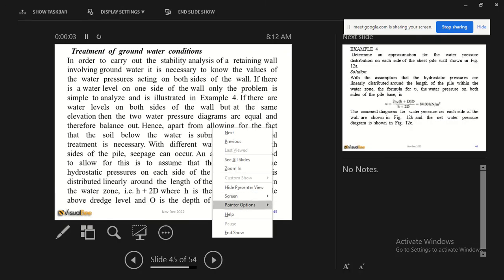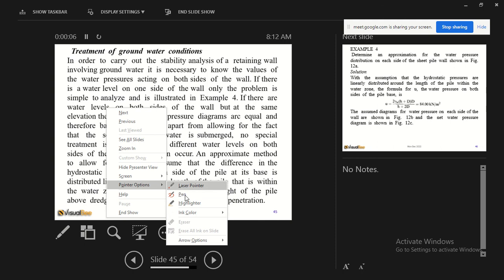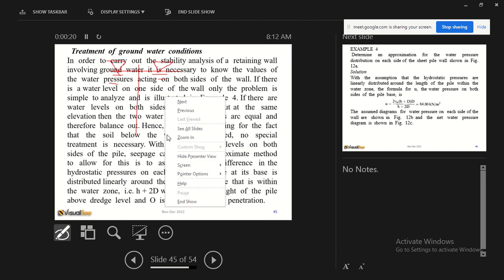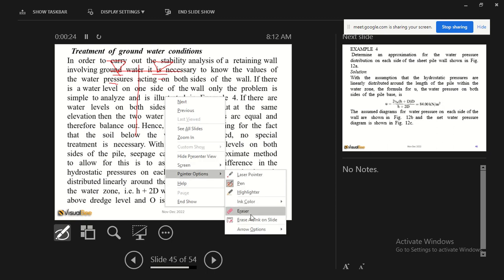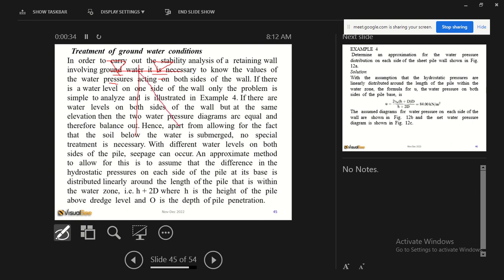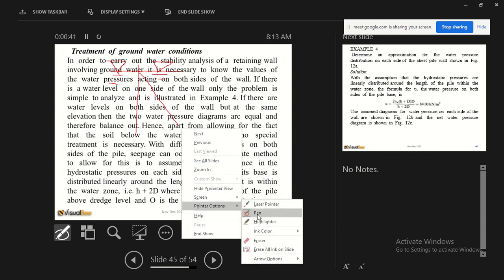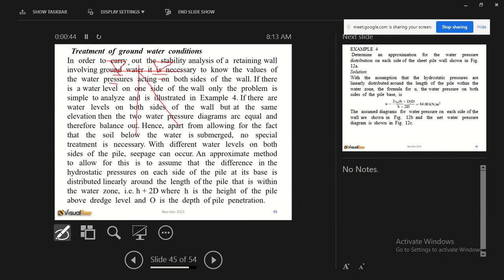So if this is your wall, and the elevation is the same, that's the water elevation.